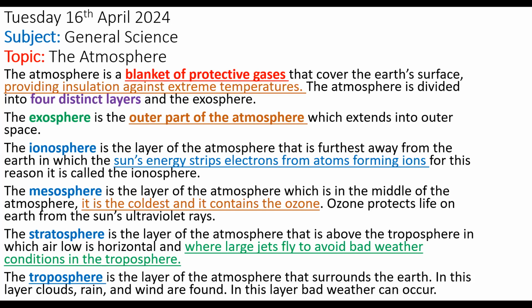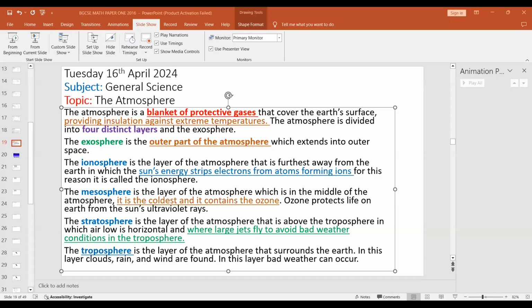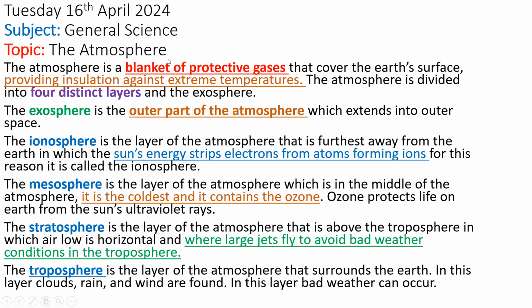I'll send it to your phone. Tegan, are you finished writing this down? No, sir. Okay.